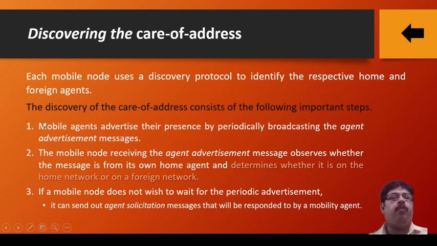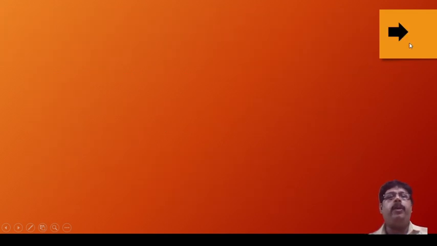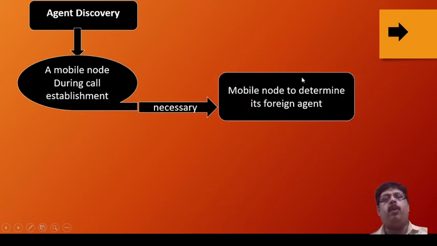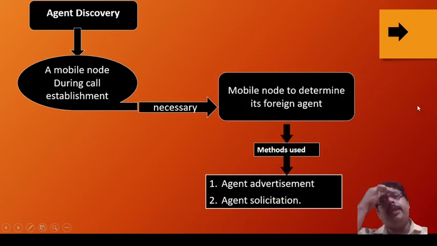See here, first we are discussing a mobile agent. The mobile agent is broadcasting the agent advertisement message. It looks like we have heard about this, right? Okay, we'll check where we have done this. Okay, here. So we have discussed this topic, that is agent discovery.